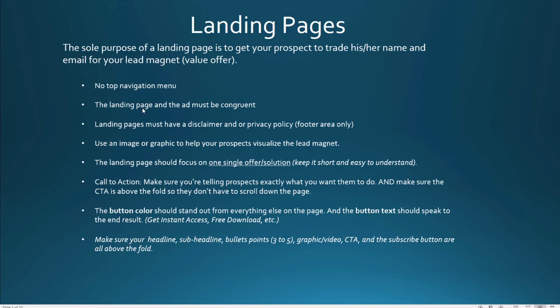I would say keep the graphic similar from the ad to the landing page. So when somebody clicks on your ad, they leave the Facebook platform, they hit your landing page, they feel like they've landed on something similar. You don't want those to be two different things that they see when they leave Facebook.